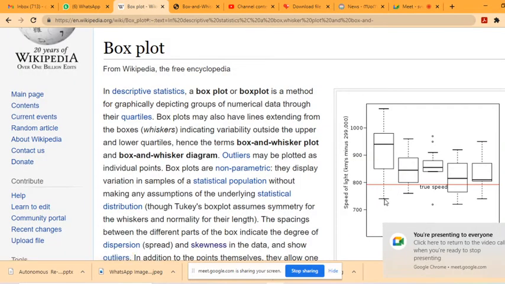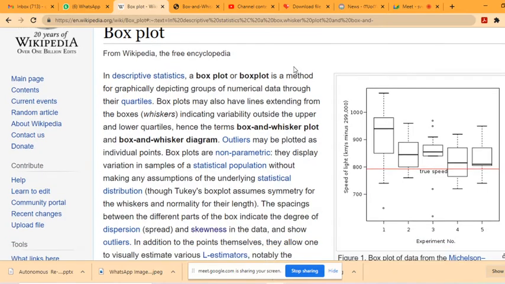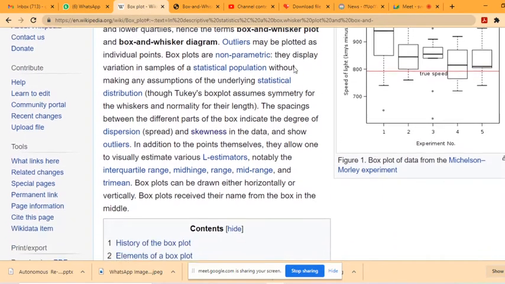This is the minimum value, this is the maximum value, this is the median value, this is the third quartile, this is the first quartile. So we can represent a box plot using 5 numbers: minimum, maximum, first quartile, third quartile, and median.